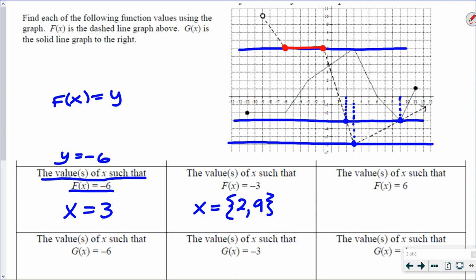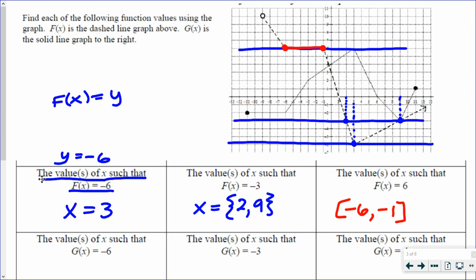So in this case, our answer would actually be an interval, okay? So we would say that the values of x such that f of x equals 6 would be from negative 6 to negative 1.